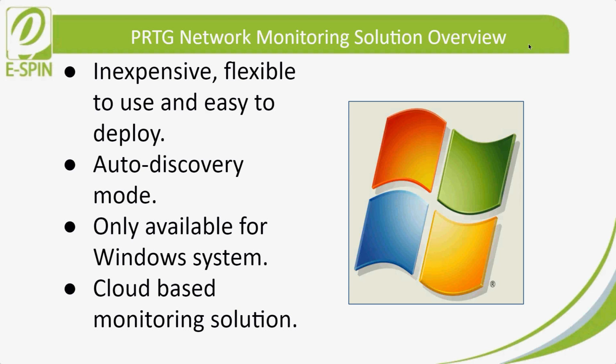PRTG Auto Discovery Mode. PRTG has two different types. One is on premises, which we call the PRTG Core Server. Another one is a cloud-based monitoring solution. This cloud-based monitoring solution is hosted by Paessler themselves, and the probe is hosted by ourselves.